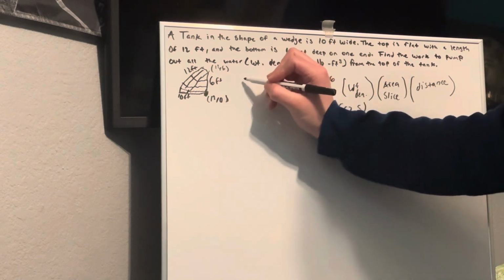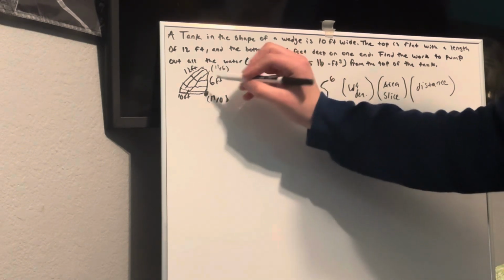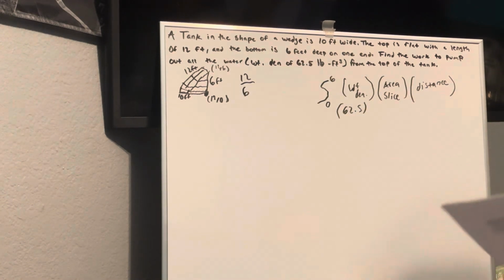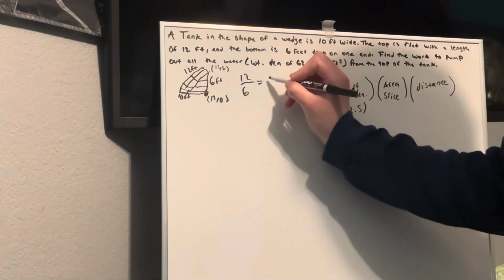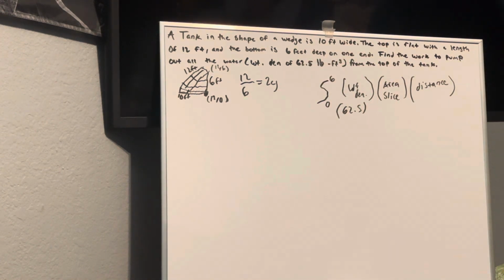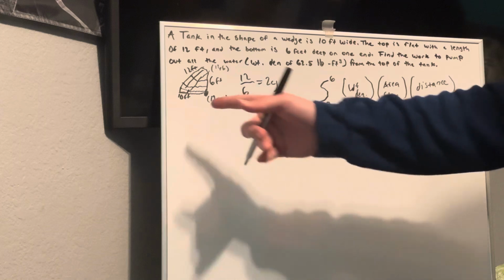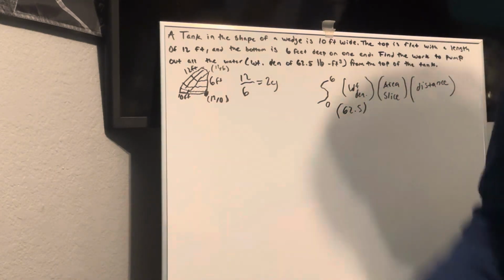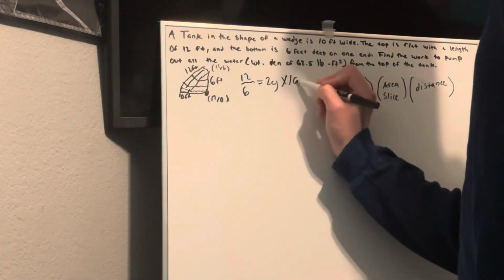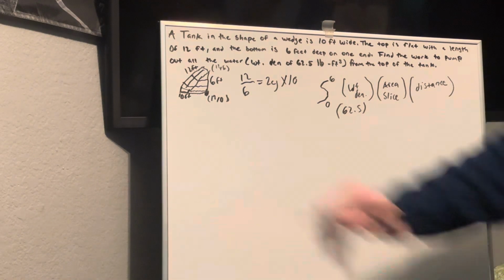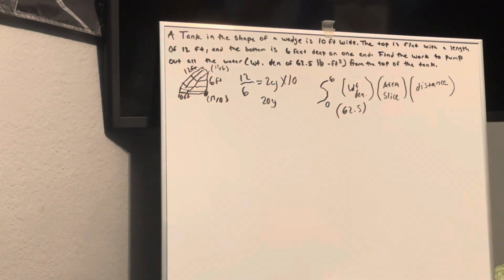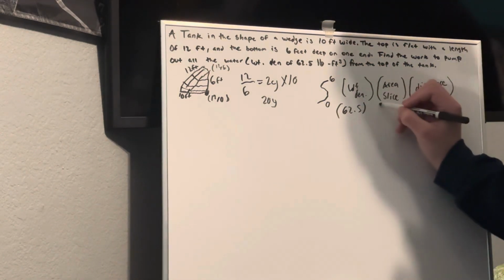So this is going to be 12 feet, basically our x, over our y, which is 6 feet, giving us 2y. 2y is this linear relationship. Now, we need to have our constant here, which will never change. 10 feet wide never changes. So we have 2y times 10, giving us a total of 20y. That is an area slice. 20y is our area slice.